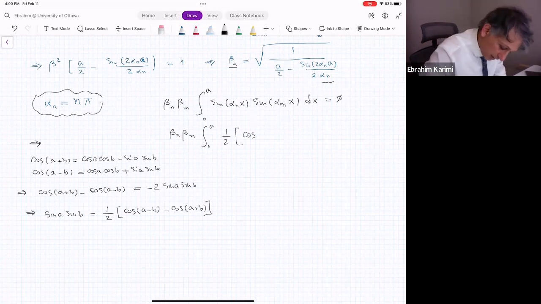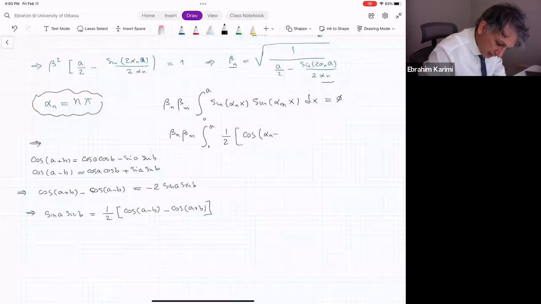So it will be cosine of alpha n minus alpha m, doesn't matter which one, of x, minus cosine of alpha n plus alpha m x. That should be equal to 0.